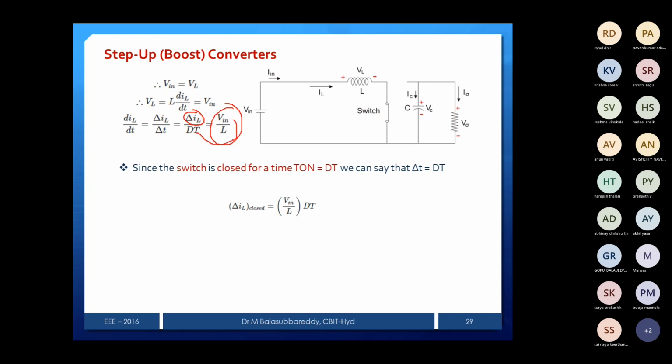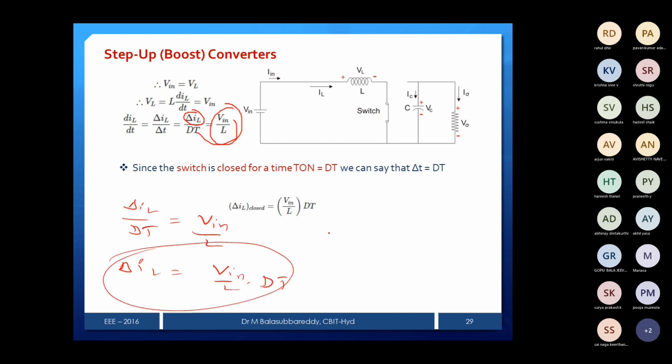As you know, delta IL by dt is equal to Vin by L. From this, delta IL is equal to Vin by L into dt. This is one equation. Similarly, you can find delta I when the switch is in the off state. This is switch on, closed; on means closed, and switch off means open. Under that condition you find delta IL under open.